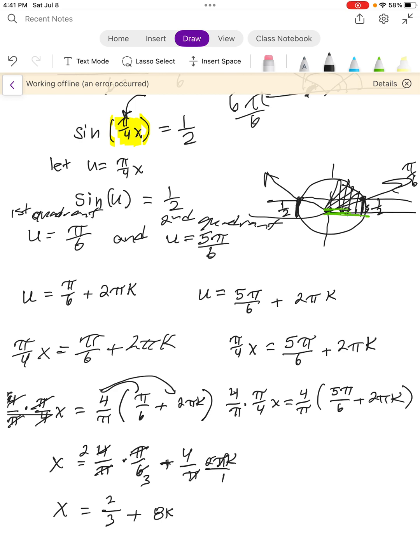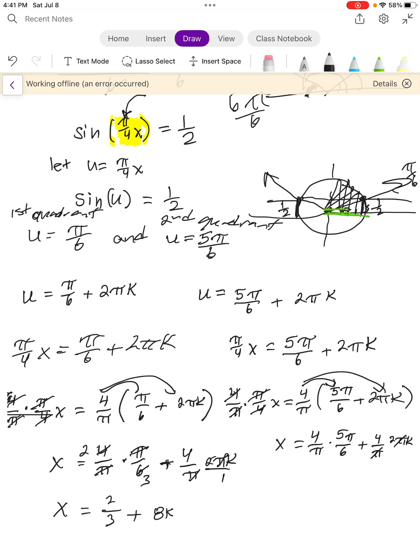This side is going to cancel, and x equals 4 over pi times 5 pi over 6 plus 4 over pi times 2 pi k.